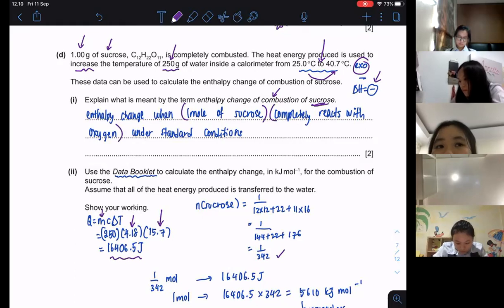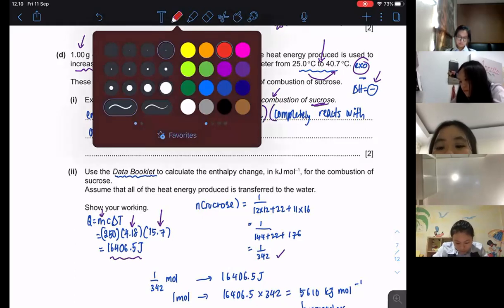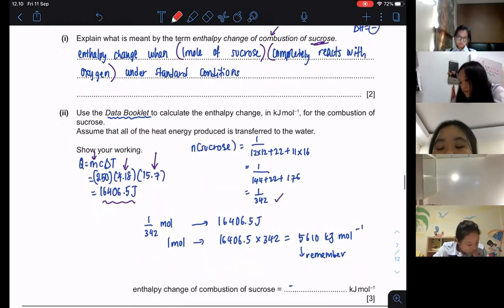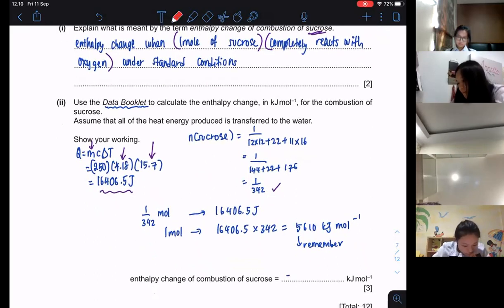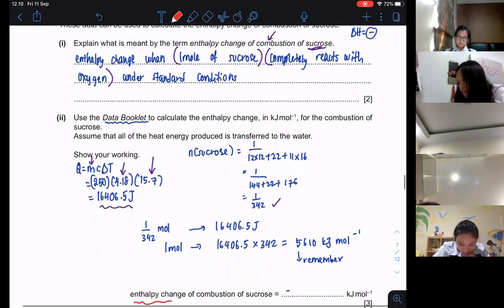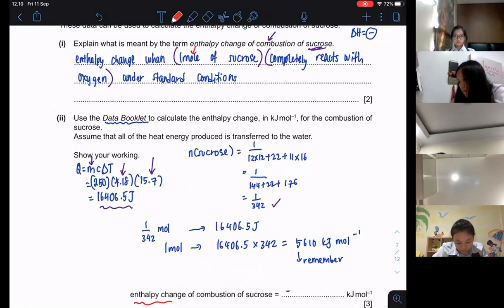Please take note. Now, if you want to calculate the enthalpy change of combustion, we need to find it for 1 mole, because it's for 1 mole. But just now, this value is for 1 over 342 moles. So to find out for 1 mole, I need to times this value by 342.